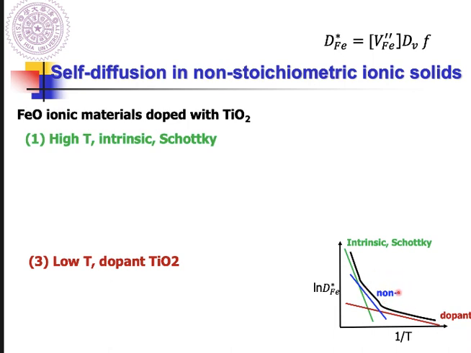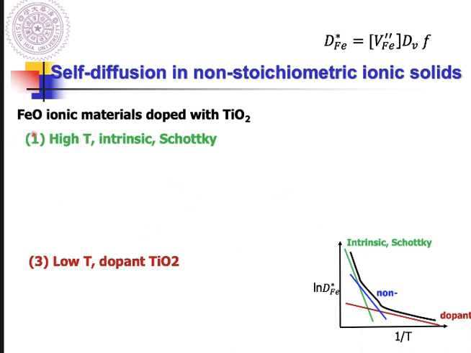So in order to know whether there's a non-stoichiometry effect happening in your materials, the easier way is just to perform experiments by measuring the diffusivity of your ion of interest at different temperatures and fitting this curve.